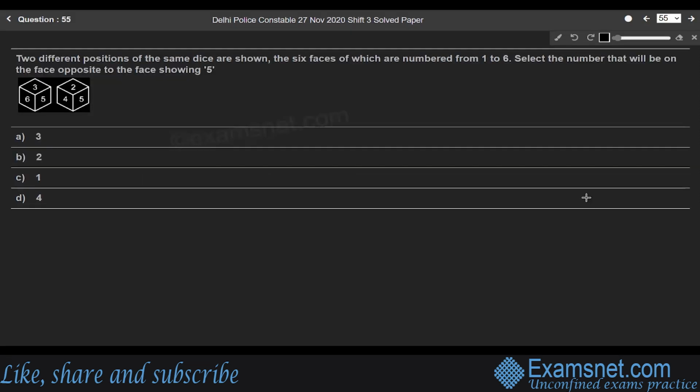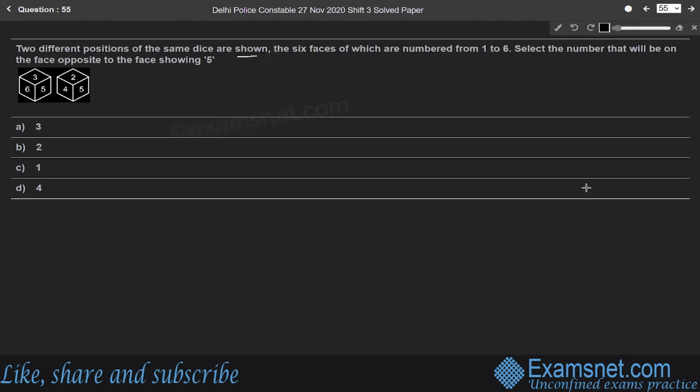Question 55. Two different positions of the same dice are shown, the 6 faces of which are numbered from 1 to 6. Select the number that will be on the face opposite to the face showing 5. Here look at figures 1 and 2. Here 3 is on the top, and 2 is on the top in figure 2.